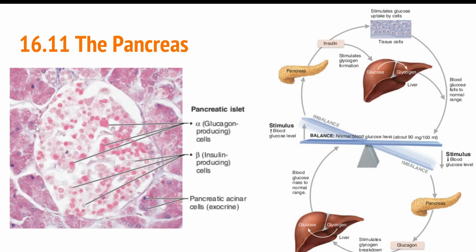Second, it can synthesize glucose from lactic acid and from non-carbohydrate molecules, a process called gluconeogenesis. And finally, it can release glucose to the blood from the liver cells, causing blood glucose levels to rise. The secondary effect is to lower blood levels of amino acids, as the liver sequesters these molecules to make new glucose molecules.